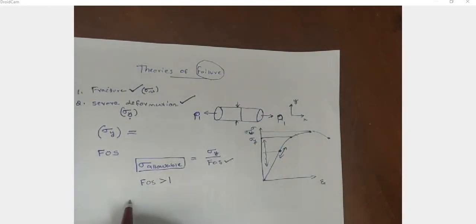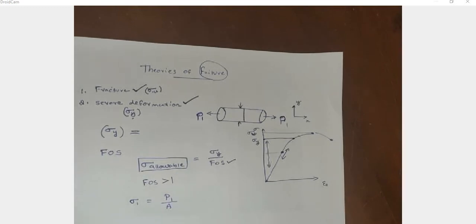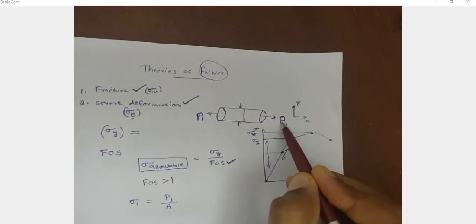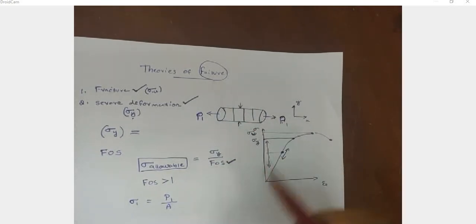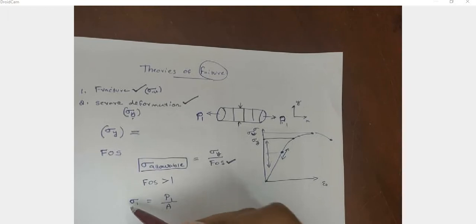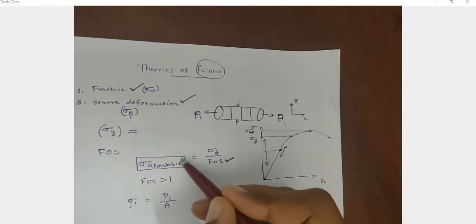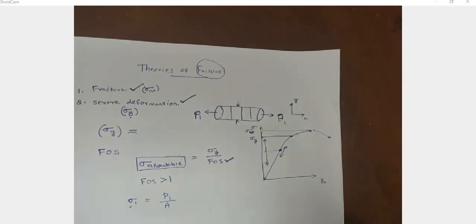The stress developed will be sigma 1 equal to P1 by A. So what is the design condition? When we apply load P1, a stress sigma 1 is developed across any cross section of this bar, and if this sigma 1 crosses the sigma allowable value, then there will be a failure.